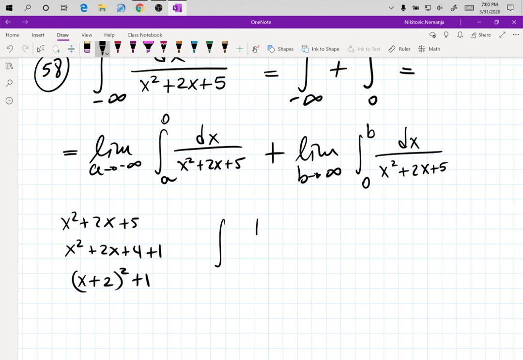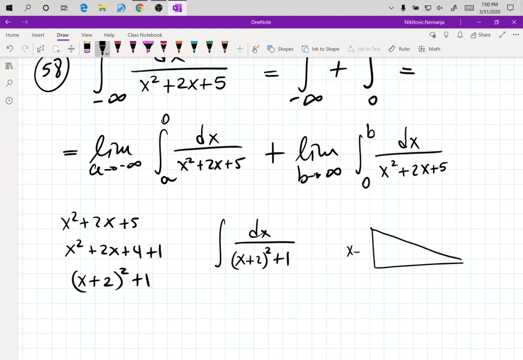So now I have an integral of dx over x plus 2 squared plus 1. So now I have my triangle for trig sub. I mean, if you already see that this is inverse tangent and you are able to do that quickly, then you don't have to mess with these things. This is an inverse tangent problem. If you did enough integration, you just know.